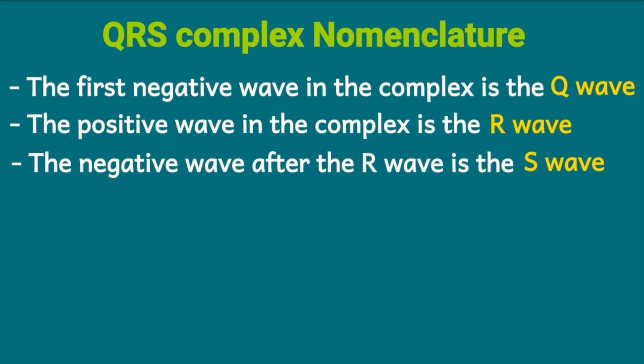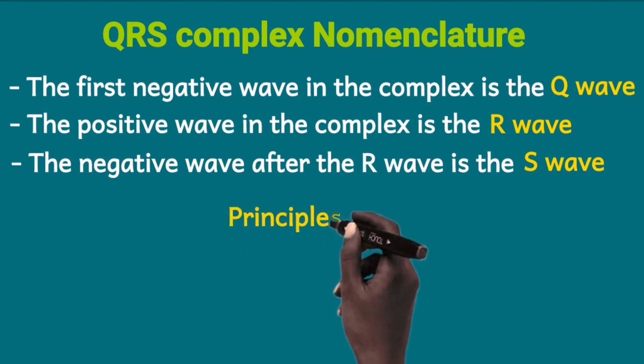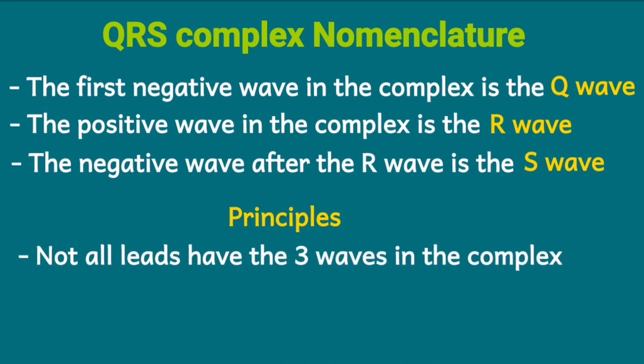Again, this means that not every first wave in the complex is a Q wave, and not every last wave in the complex is an S wave. Again, there are two other principles I wish to mention. That not all leads have the three waves in the QRS complex, and we will see why.